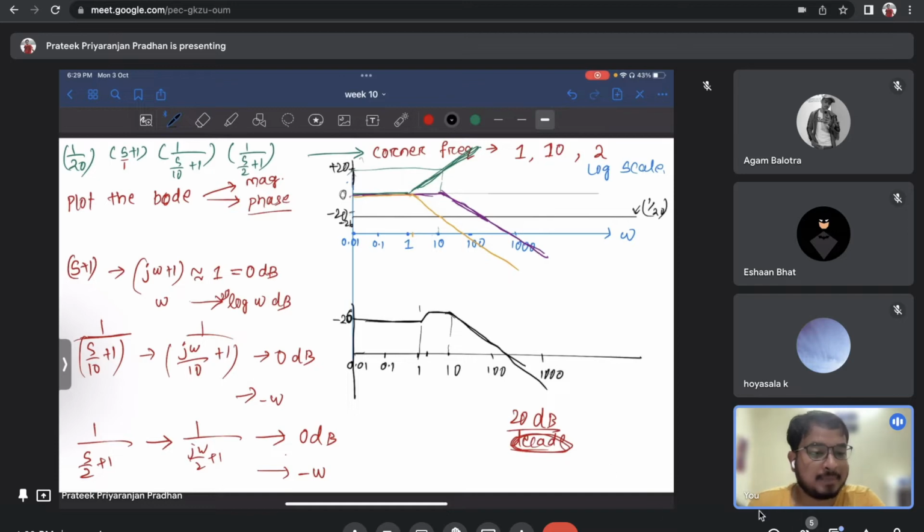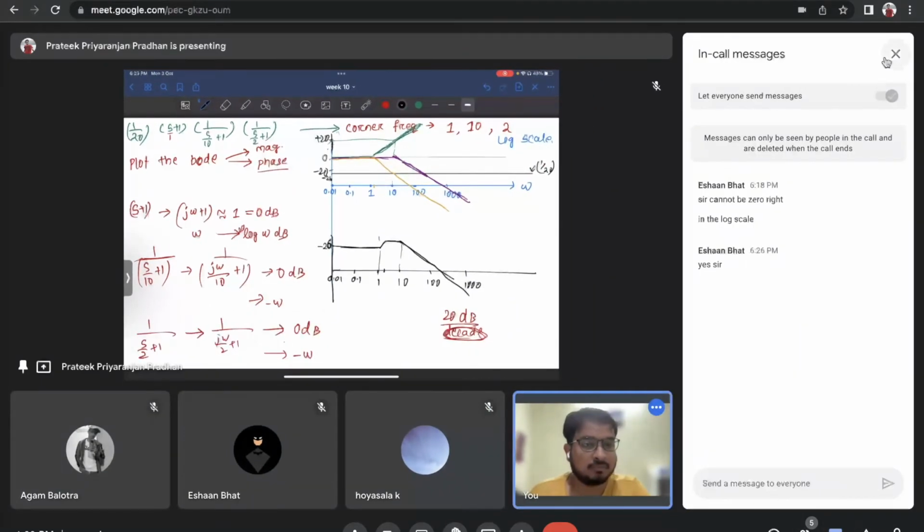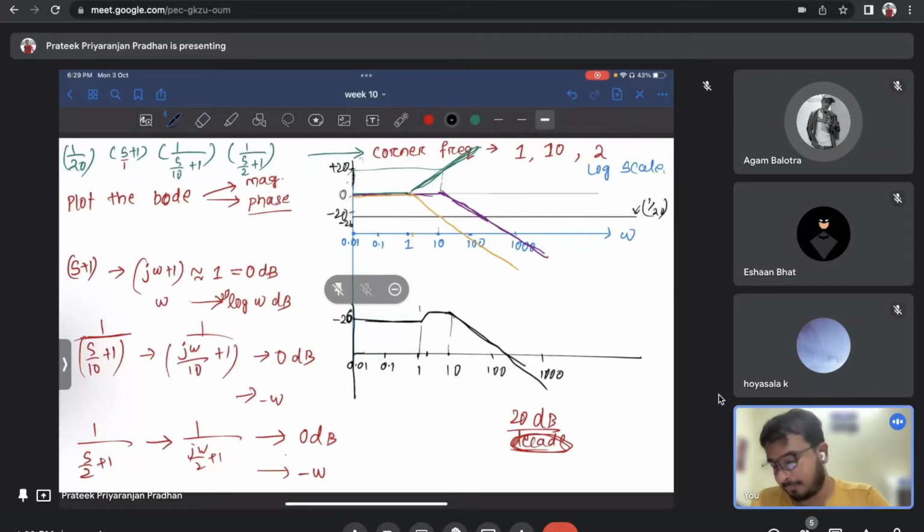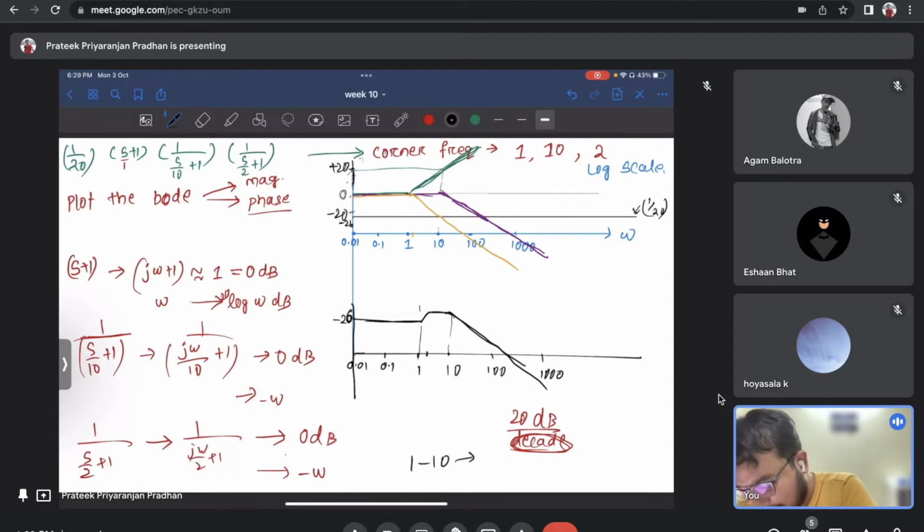Can you just type in chat if yes or no? Okay. Up to 1, it was minus 26. From 1 to 10, I will divide it as 1 to 2, then 2 to 10.